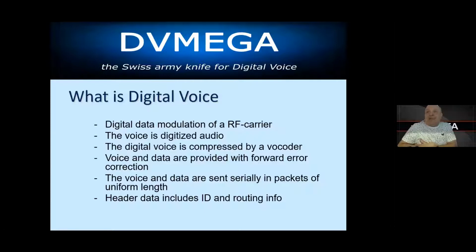The voice and data are sent serially in packets of uniform length, but I show that later on. And there is header data, so every transmission has a header that includes ID and routing info. That's all you need to make a digital voice transmission.